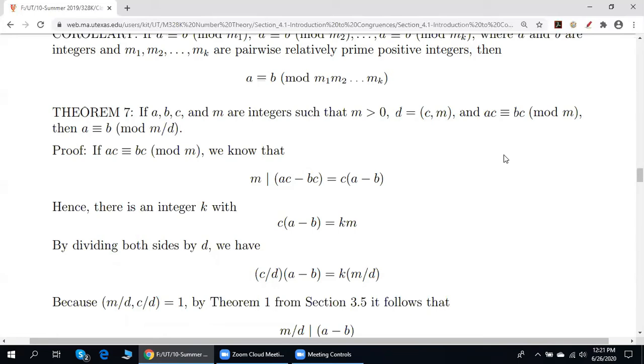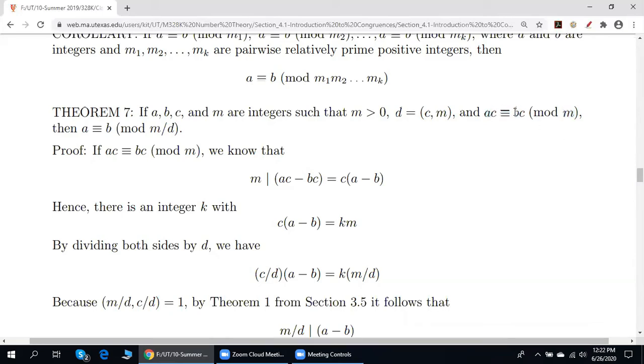This theorem tells us that we cannot just cancel out C. Means, if AC is congruent to BC modulo M, this does not necessarily mean that A is congruent to B modulo M. Vice versa is true.